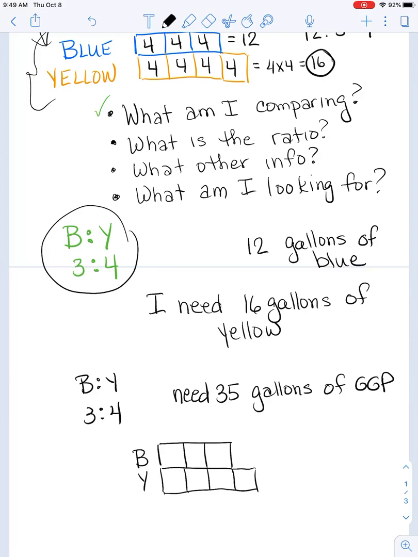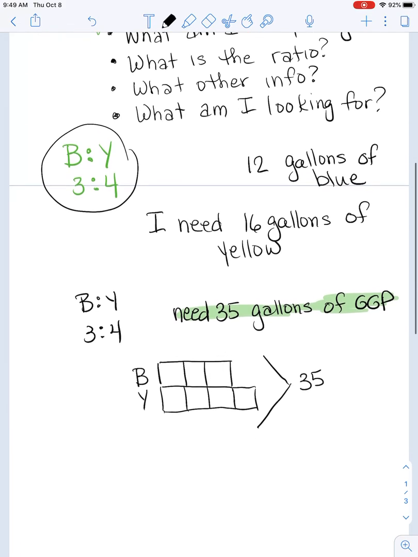The second question, what other information do I have? Now, this is a little different. This is interesting. I need 35 gallons of paint. So, the 35 gallons represents the total amount of paint. So, this whole thing needs to be 35.